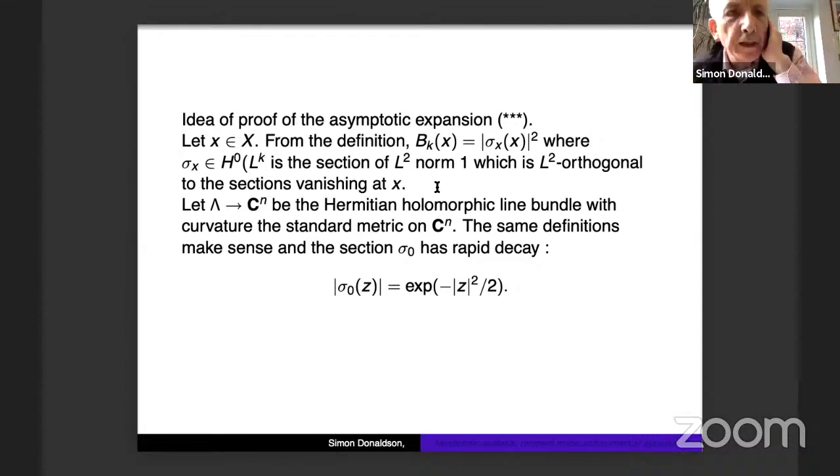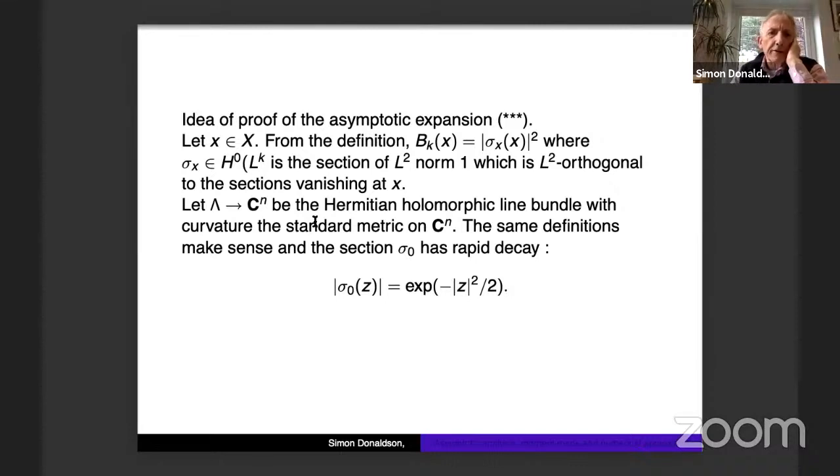So if we do the same thing on C^n, which of course is not compact, we take a Hermitian holomorphic line bundle, which in fact would be the trivial holomorphic line bundle, but with the Hermitian metric chosen so that the curvature form defines the standard metric on C^n.